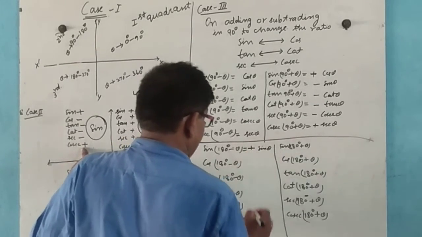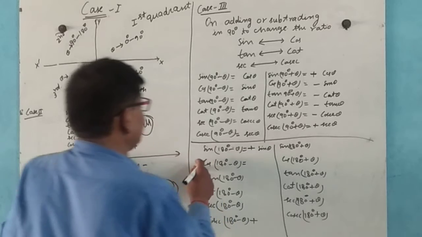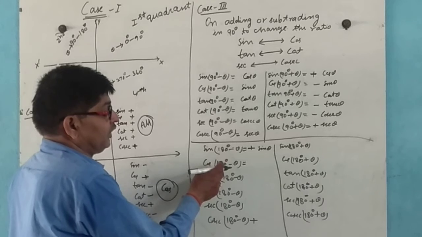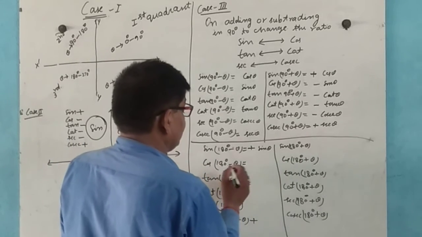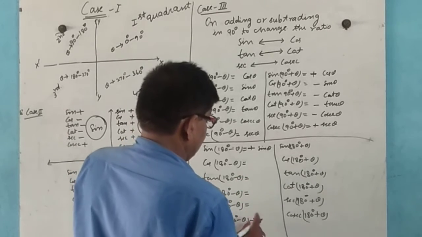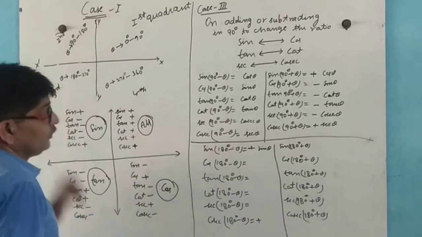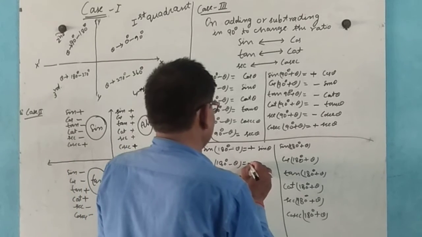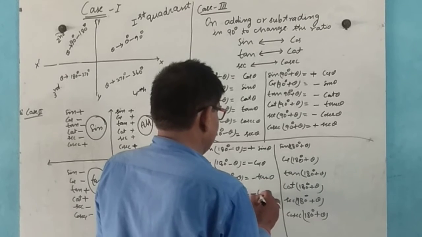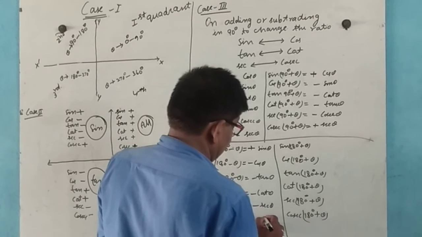Sin is positive and cosec is positive, and sin, cos have no change due to subtracting or adding 180, so only sin and cosec are positive. So this is sin theta, this is minus cos theta, this is also minus tan theta, this is also minus cot theta, this is also minus sec theta, this is plus cosec theta.